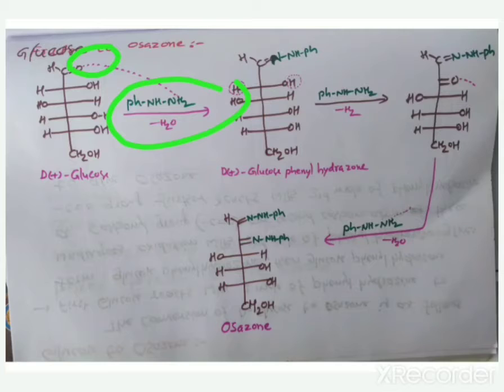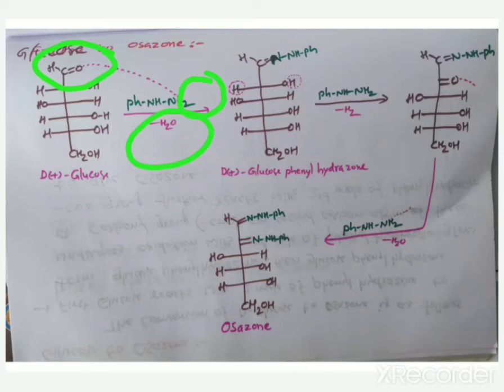So here in this PhNH2, 2 hydrogens and 1 oxygen, for the formation of H2O, this is the loss. Here, what is happening? Loss of H2O. Oxygen from the C double bond O group, hydrogens from phenylhydrazine.